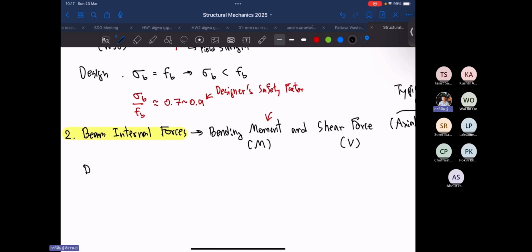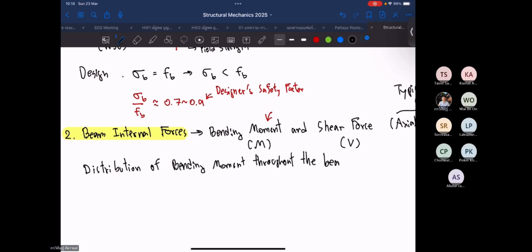Okay, distribution of moment. Let me specify the bending moment throughout the beam.